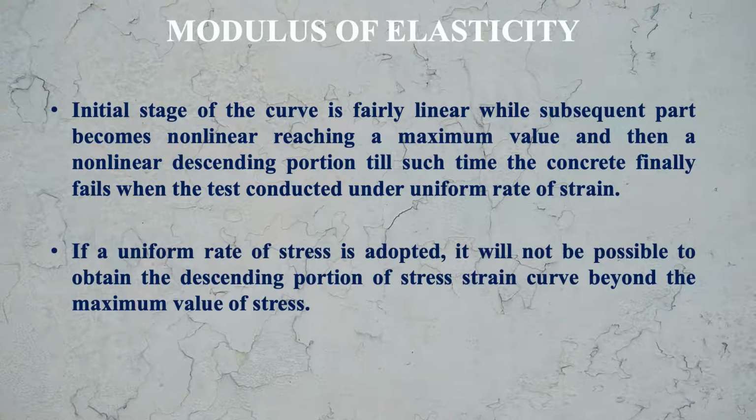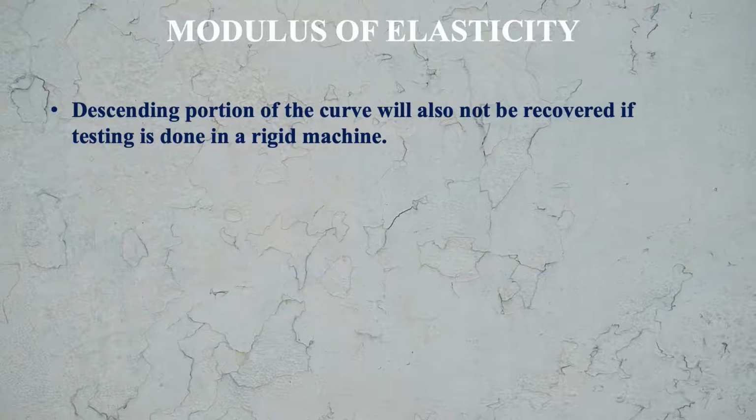If a uniform rate of stress is adopted, it will not be possible to obtain the descending portion of the stress-strain curve beyond the maximum value of the stress. Descending portion of the curve will also not be recovered if testing is done in a rigid machine.